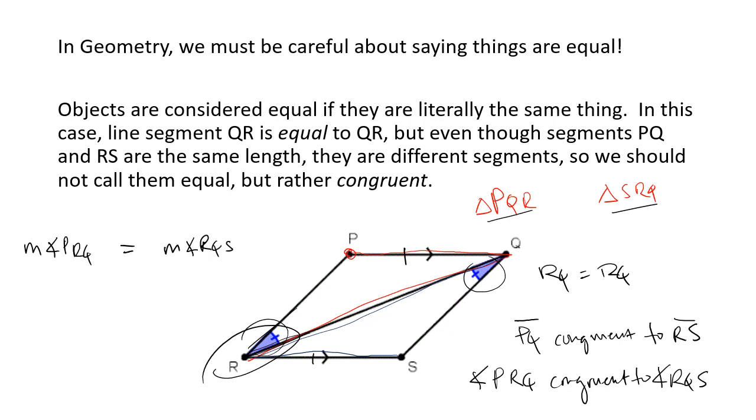Now I'm not talking about the angles themselves, which are congruent and different, but the numerical measure of these angles, which is equal. I know, it's a lot to take in. The point right now is to be mindful that equal and congruent are not the same thing. If you're talking about numbers, you can probably say that they're equal. If you're talking about objects that are different, then you probably need to say congruent.